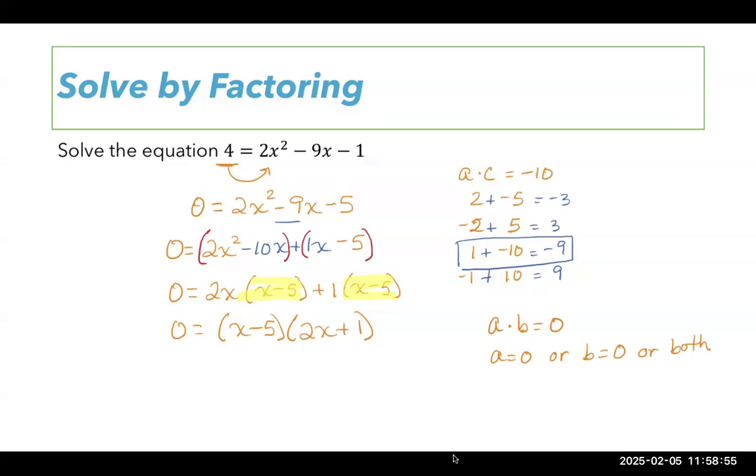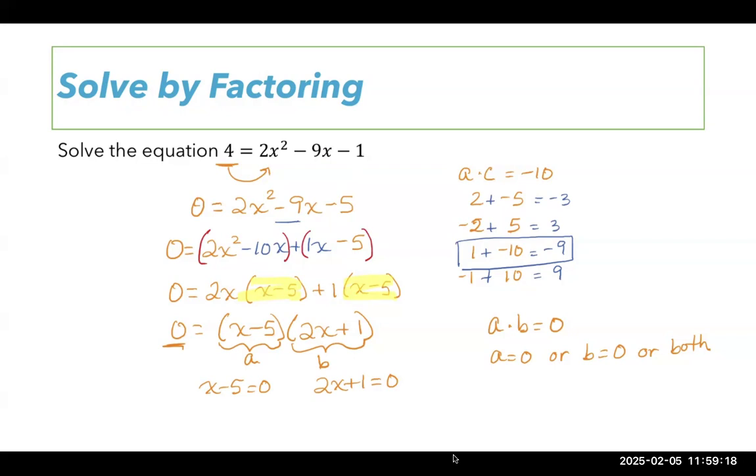I take each of these products. So basically this is my A, this is my B, and I set each one equal to 0. So either the x minus 5 factor had to equal 0, or the 2x plus 1 factor had to equal 0 in order to get this answer of 0.